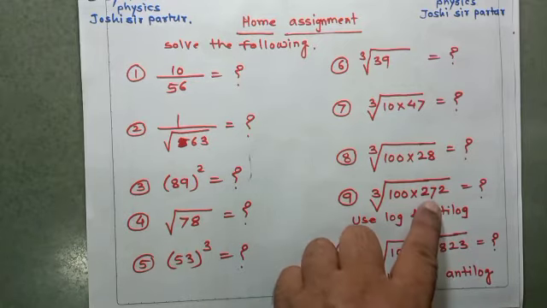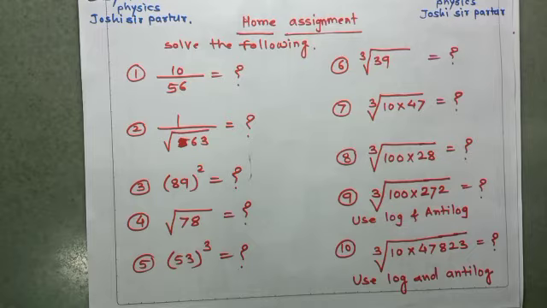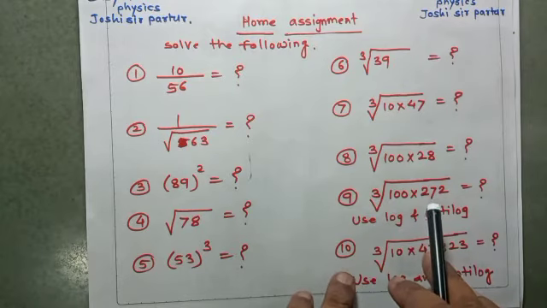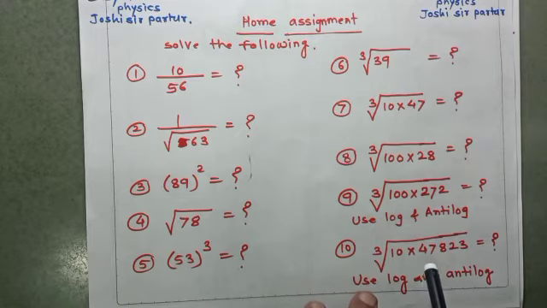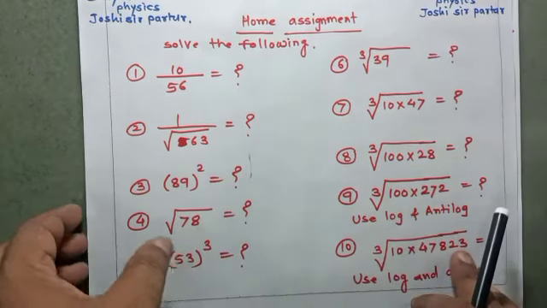Here the facility of powers and factorial is not used, because it is used only for numbers up to 99, but here the number is 272. So use logarithm and antilogarithm. And for 10 multiplied by 47823, we can find the log and antilog. This assignment can be solved.